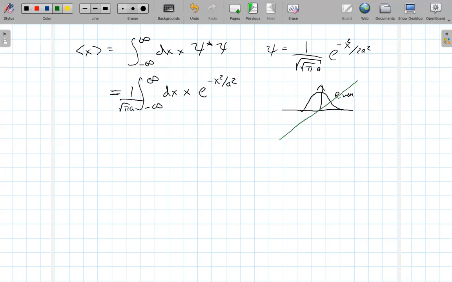So the product of x with our Gaussian is also an odd function. What this looks like is the superposition of these 2 things, which means that this value here, our integrand, let's call that our integrand.